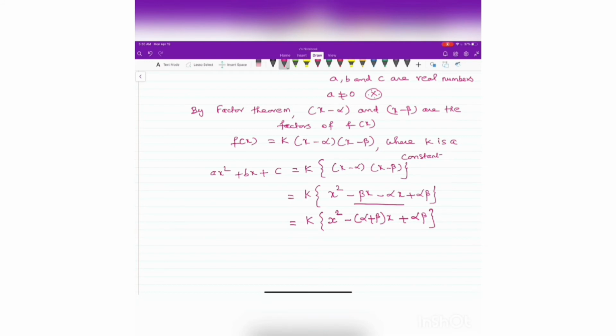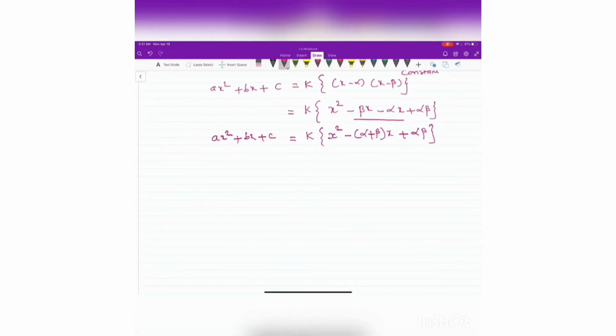Now, actually this is ax square plus bx plus c. Now, comparing the coefficients of, that's why I said in the beginning itself, the word coefficient is very important. You will be making use of it very often in this particular exercise.